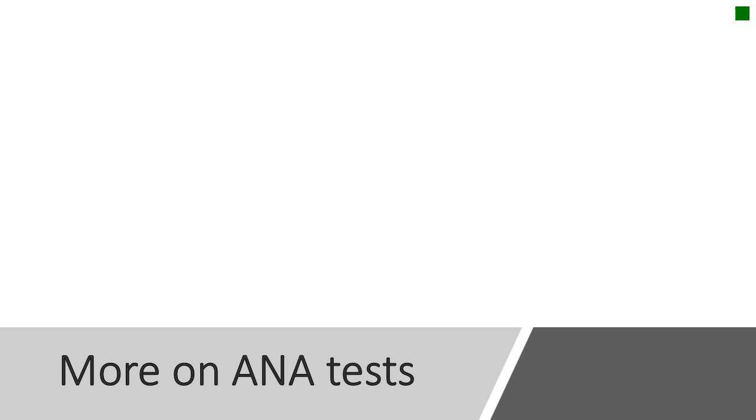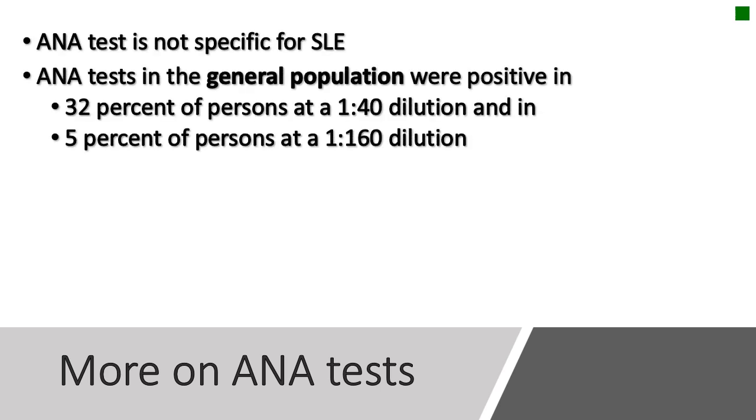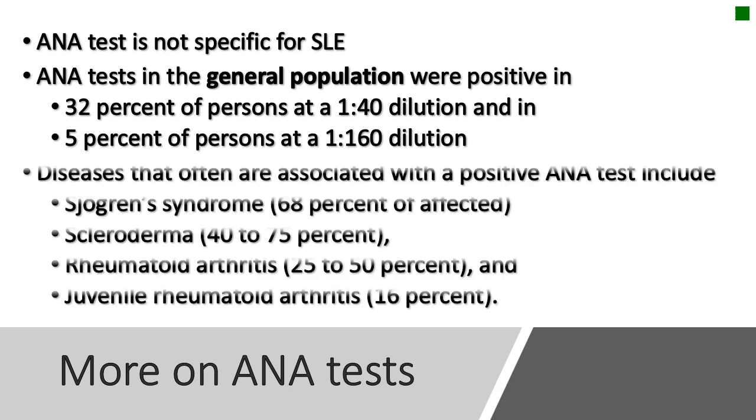As far as the anti-nuclear antibody tests go, even if they test positive, they could also be relating to other diseases, not specifically SLE. 32% of people will test positive in the general population at the 1:40 ratio, and 5% of the people at the 1:160 dilution ratio.